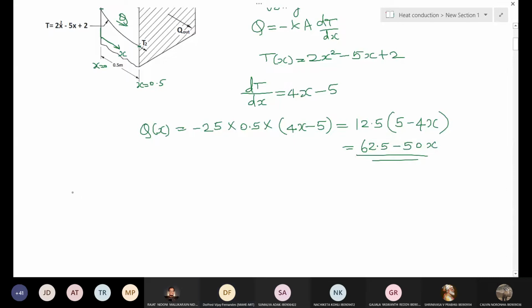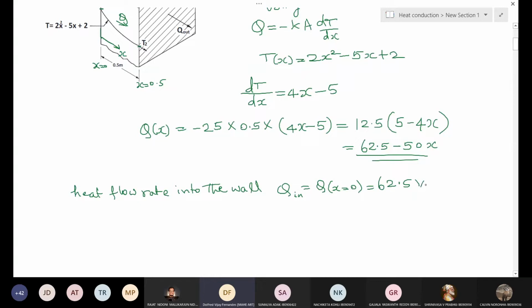So the heat flow rate into the wall, Q in, is nothing but, just substitute x equal to 0, and you will get simply 62.5 watts.